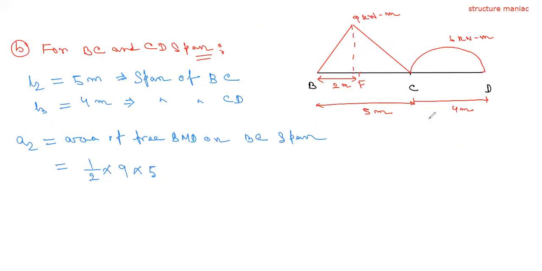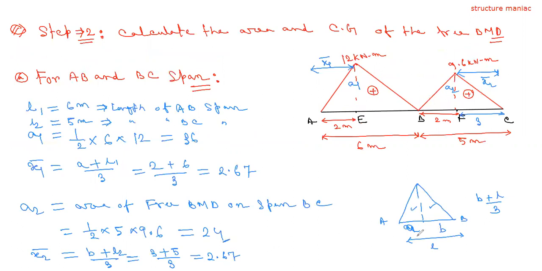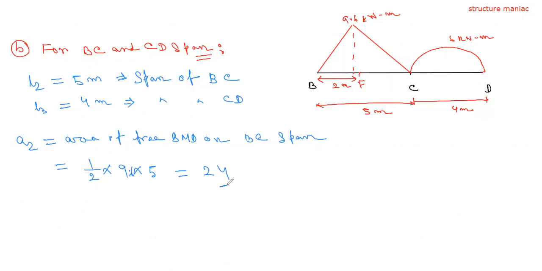So this one will be 9.6 kilonewton meter. So we have the value of 24, and already we have calculated the value, right? 24, yes, 24.